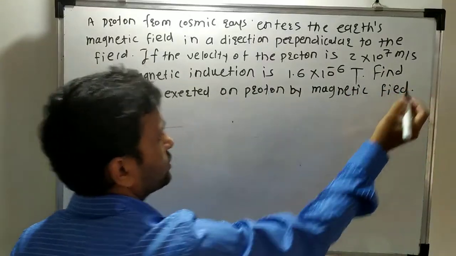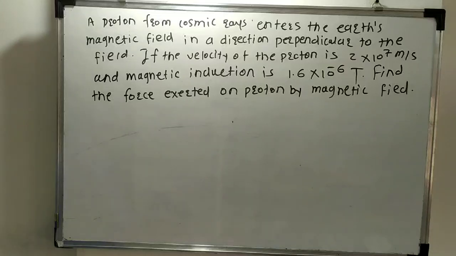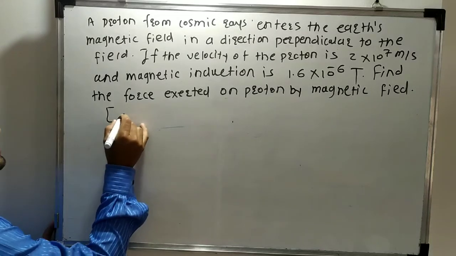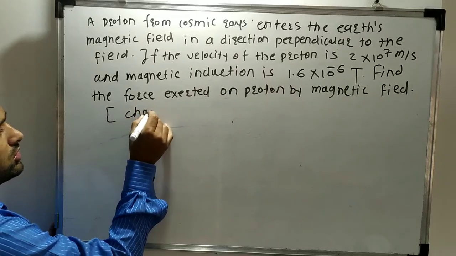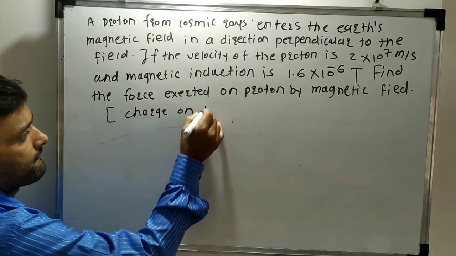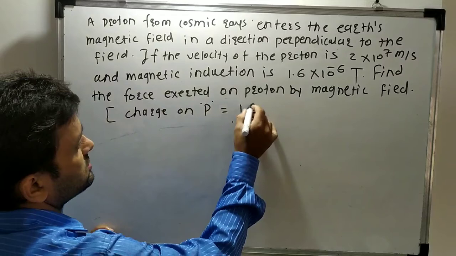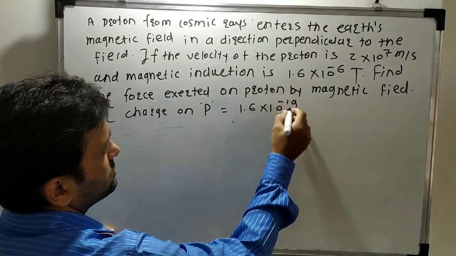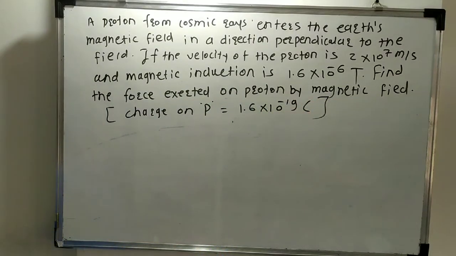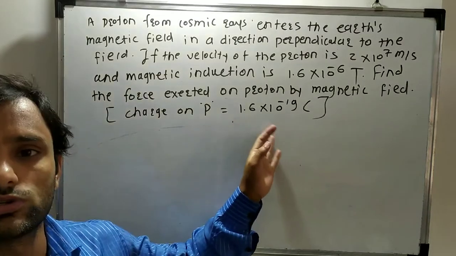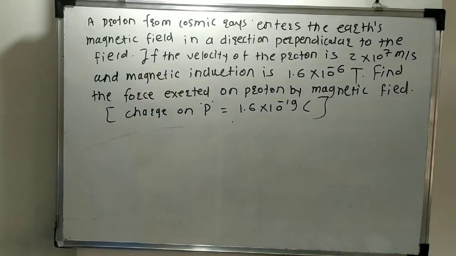So what is the magnitude of the force applied by the magnetic field on the proton? What is the charge on the proton? We already know that it is 1.6 into 10 raised to minus 19. The charge on the electron and the charge on the proton is the same; the only difference is that the proton is positively charged while the electron is negatively charged.